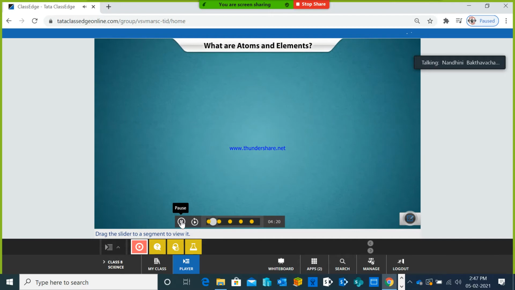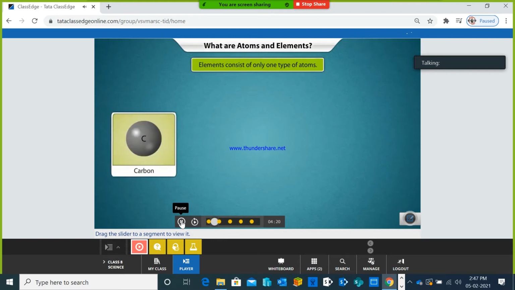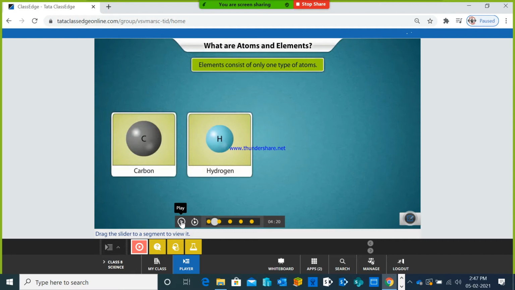The substances which consist of only one type of atoms are called elements. Carbon, hydrogen. Okay. You have two simple examples. You have to study carbon, hydrogen, oxygen, then nitrogen. See the videos.